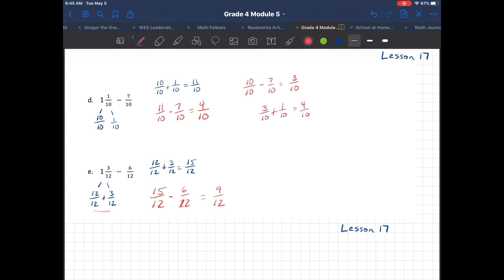And if we just did 12 twelfths minus 6 twelfths, we'd have 6 twelfths. We'd take that 6 twelfths and put the 3 twelfths back in there and end up with 9 twelfths. And I believe that is the end of lesson 17.